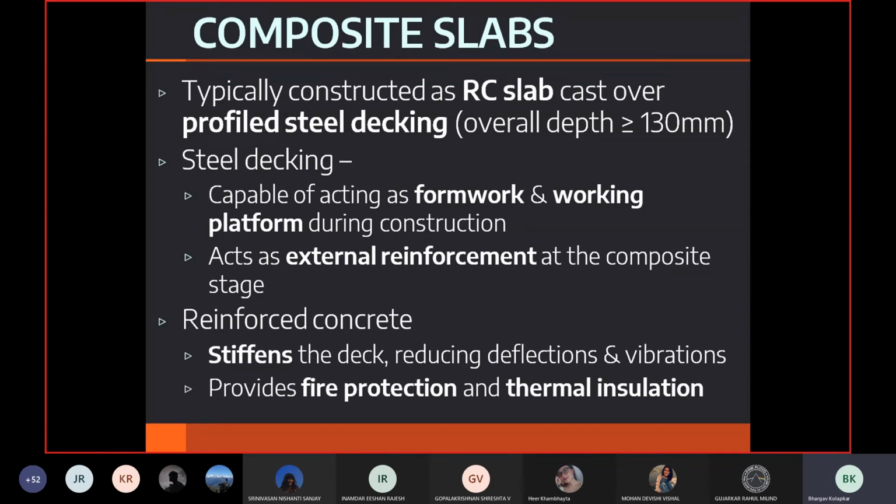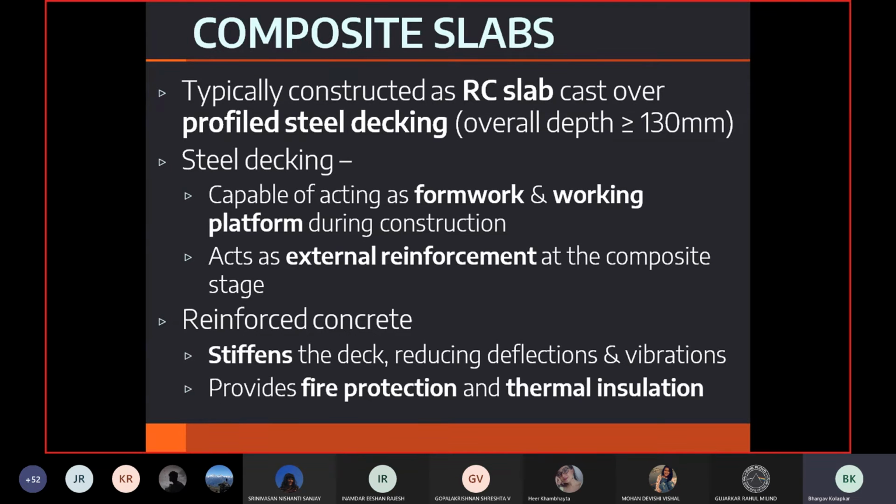So typically constructed as reinforced concrete slab cast over profiled steel decking, and the overall depth is at least 130 mm. Now the steel decking has a dual role here. First is that it acts as a formwork and a working platform during construction. So when we are dealing with the composite slabs, the steel decking itself acts as a formwork.